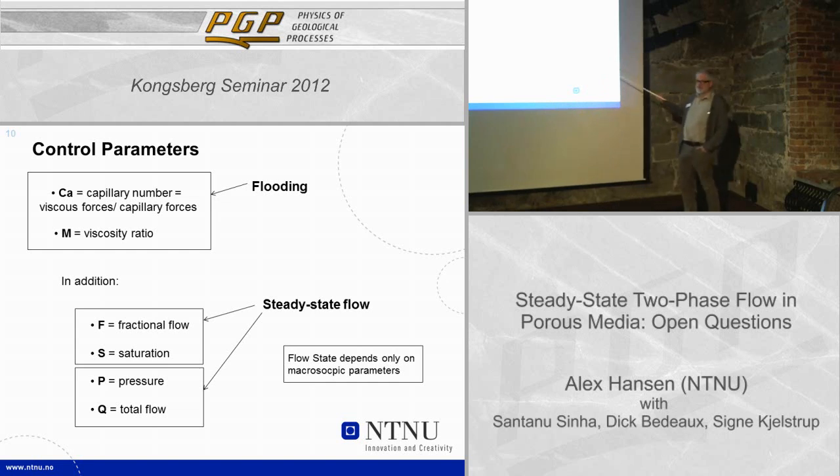And it turns out, and these experiments that are going on right now, that the flow state depends only on the macroscopic parameters. So you start with your system, you go in and measure local statistical properties, you change the parameters, you turn up the flow rates, everything changes, and you go back again, and you find the same statistics as you started out with.